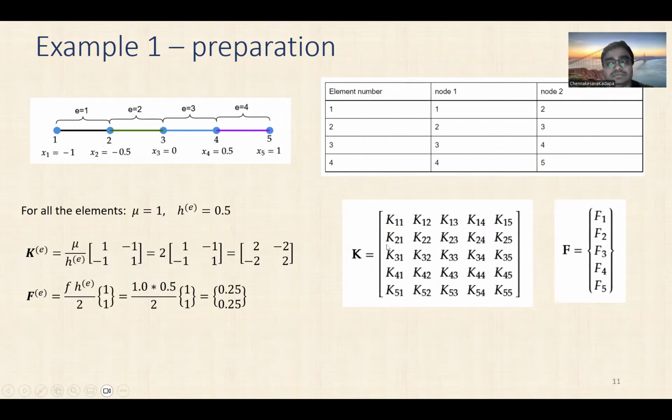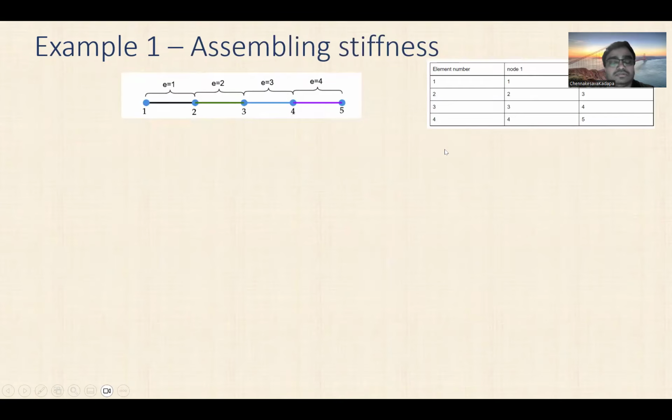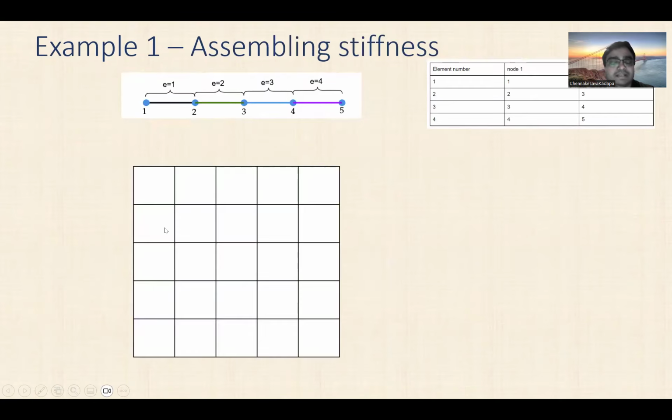In order to prepare the global stiffness matrix from individual element stiffness matrices, we use this table, and we keep adding the contributions from individual elements into the global stiffness matrix.